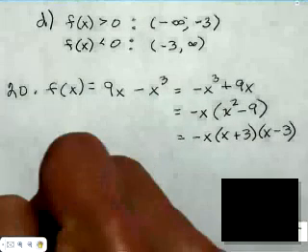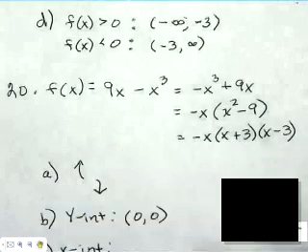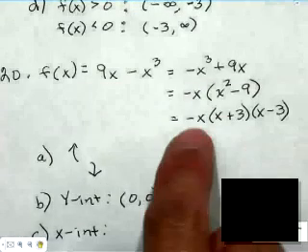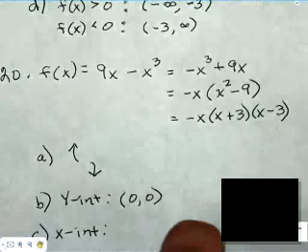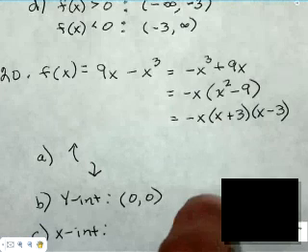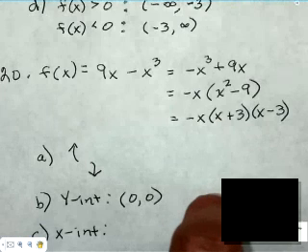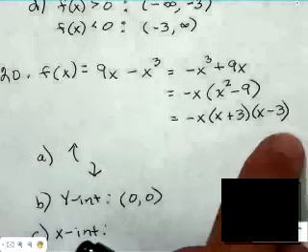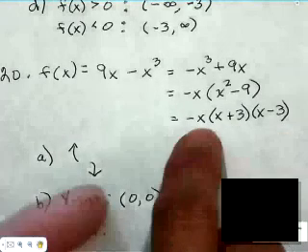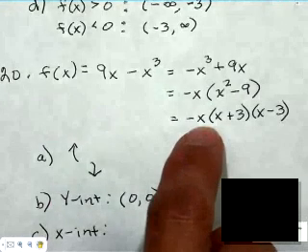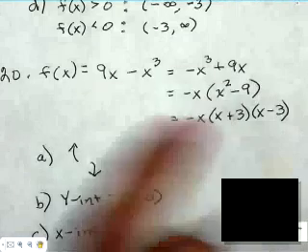And how about the x-intercepts? The easiest place to find the x-intercepts would be where you have the function in factored form. What are the x-intercepts? If you set x equal to 0, that's one of your x-intercepts. You have 3 x-intercepts, -3, 0, and +3.